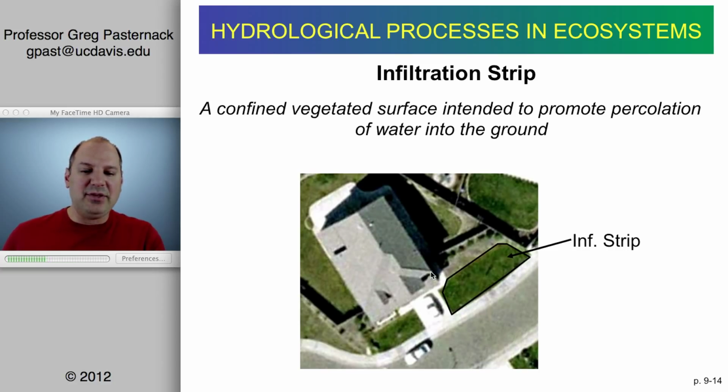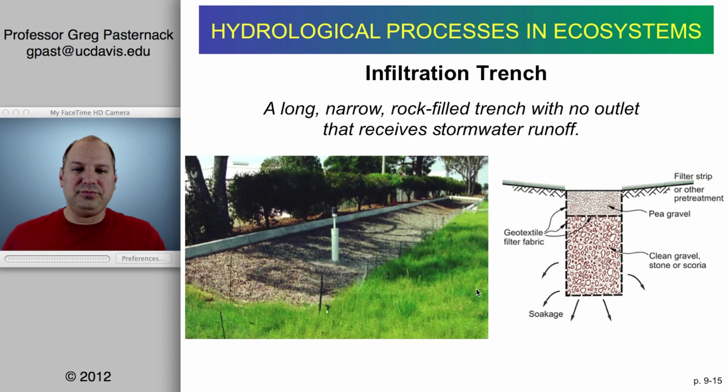And what typically happens is that the water from the gutters stops at the lawn, and then you might have a perforated pipe that's going through, or it might just stop and you get sheet wash over the lawn. And so in this sense, the lawns act as what we could call infiltration strips, which are defined here. And so those infiltration strips do promote infiltration compared to just having relatively impervious concrete.